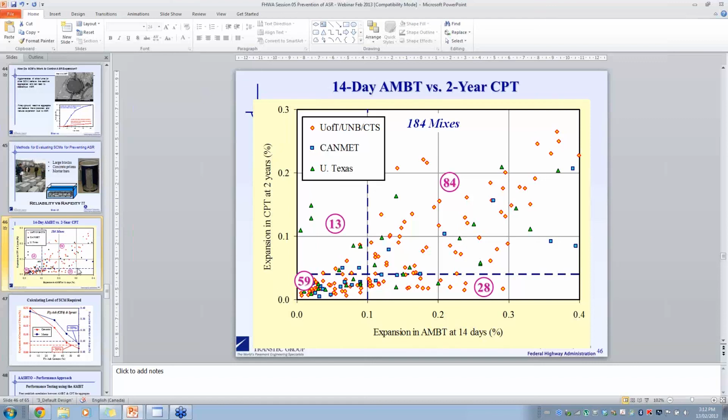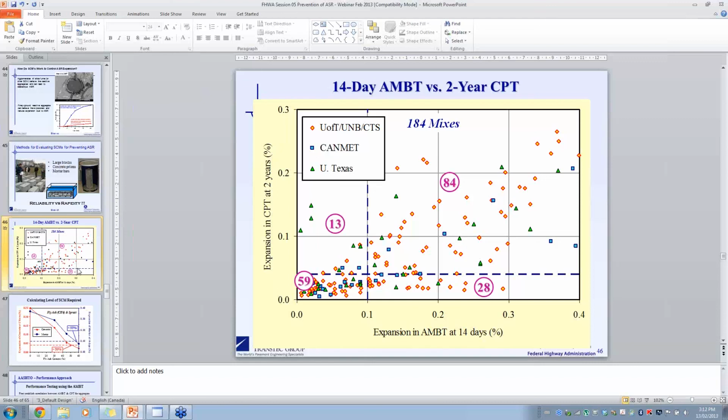You know, the pessimum effect, there are some aggregates that will produce more expansion when they're used not as the total aggregate. They'll produce that maximum amount of expansion when they're only present at 30, 40, 50, 60%. And then when they're used at higher levels, the actual amount of expansion decreases.